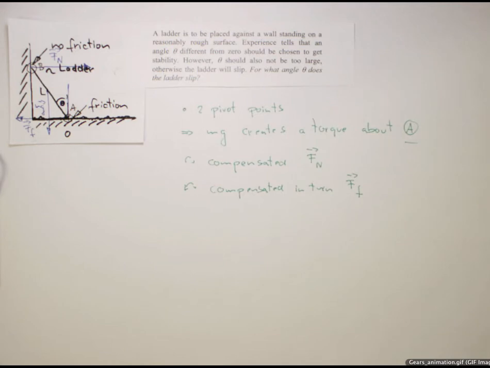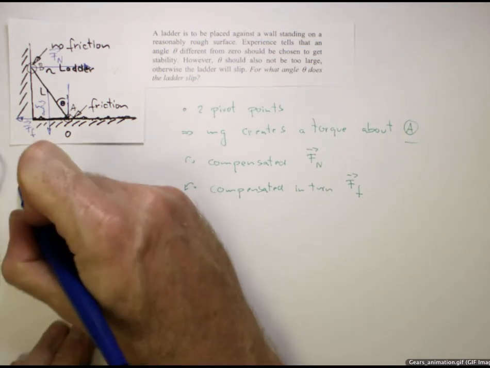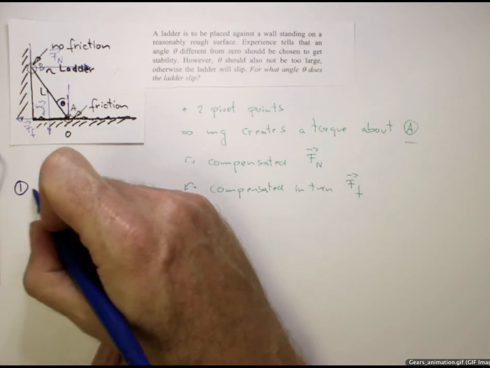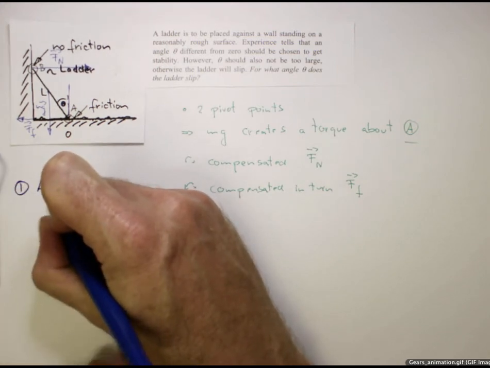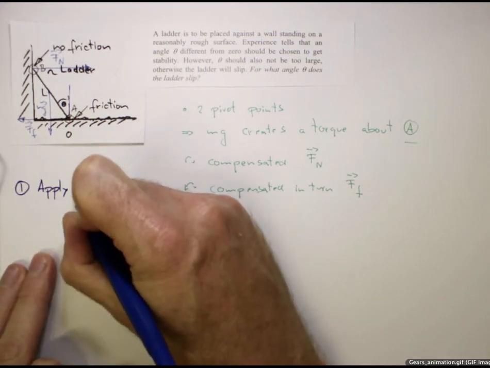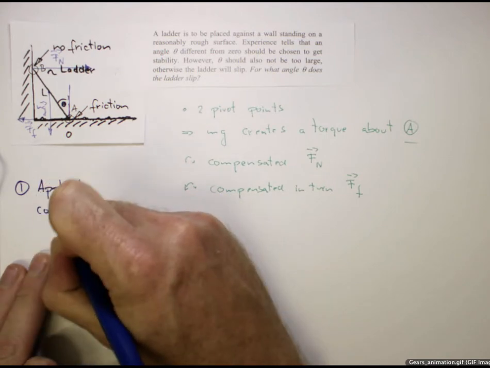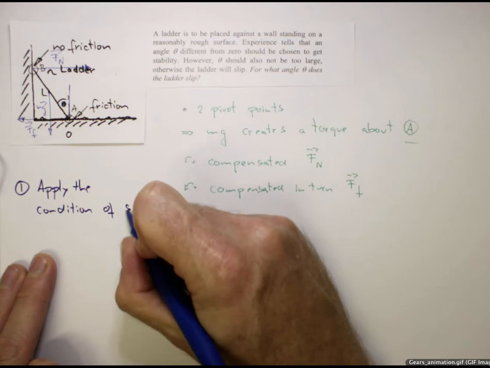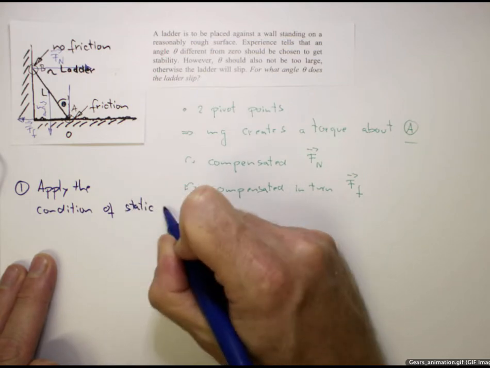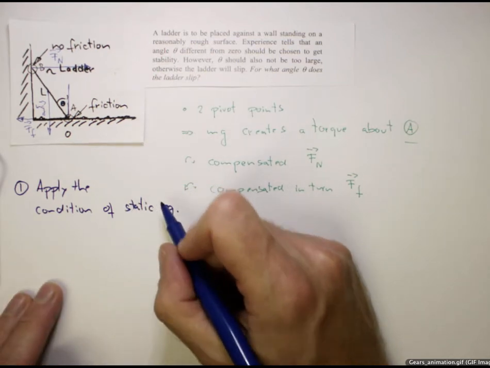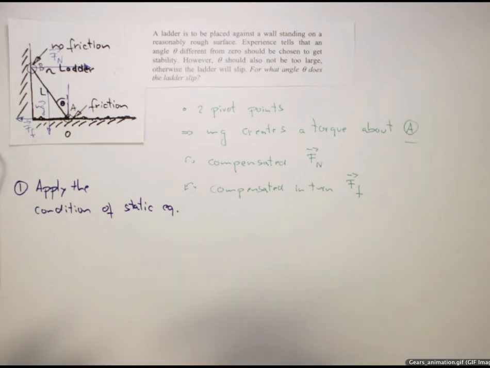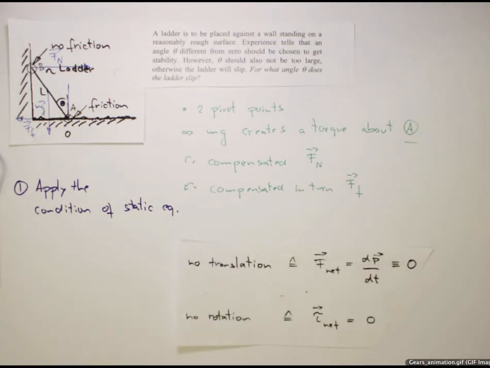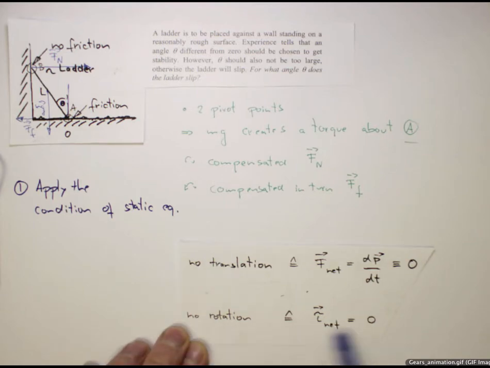Now, mathematically, we can solve the problem in this fashion. Let's start out and apply the condition of static equilibrium. And as I told you, there are two. We want to start out with the condition for rotation.